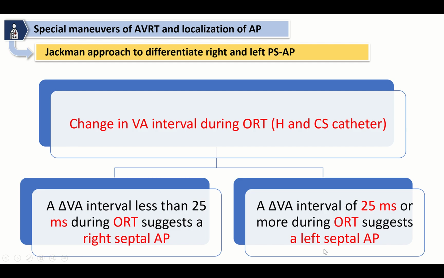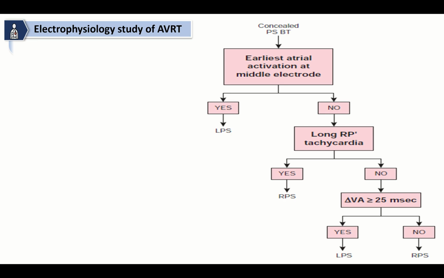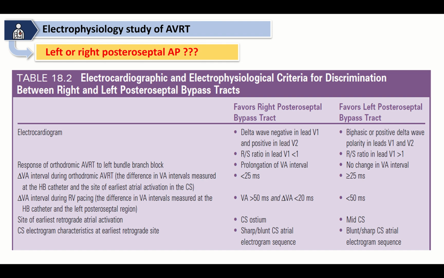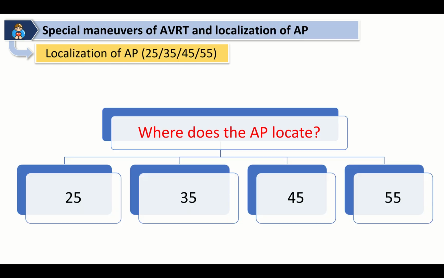However, if it's a left septal accessory pathway, the change in VA interval will be 25 milliseconds or more. Amazing golden rule to discriminate left from right septal accessory pathway, and this is the useful explanation from Braunwald to tell us how to discriminate left and right posterior accessory pathway.